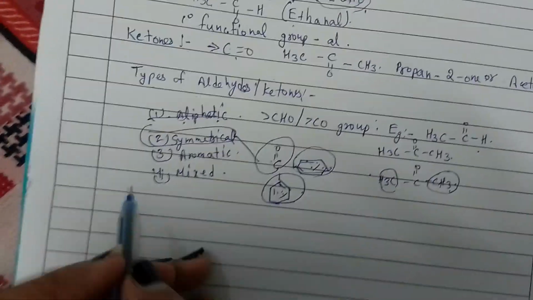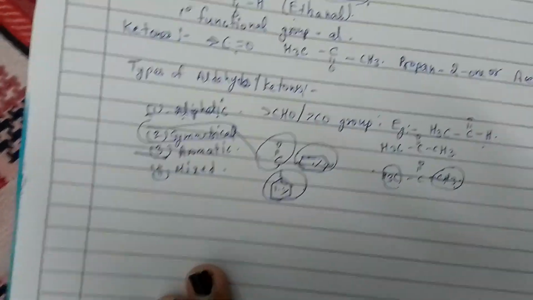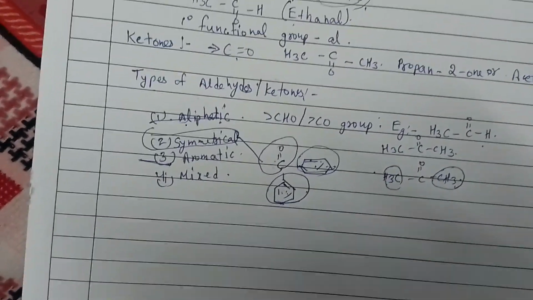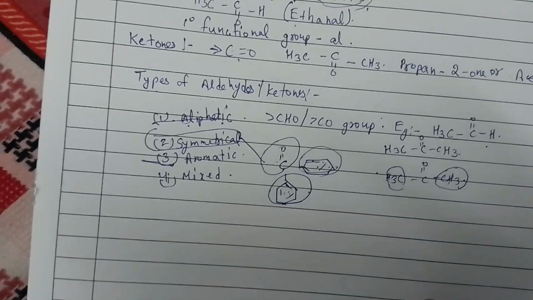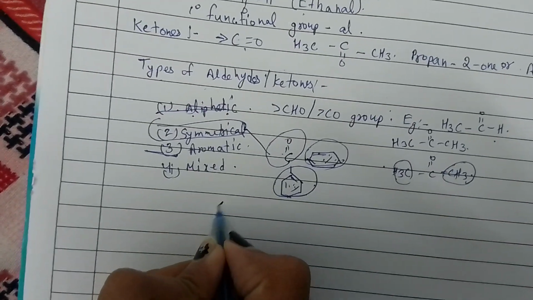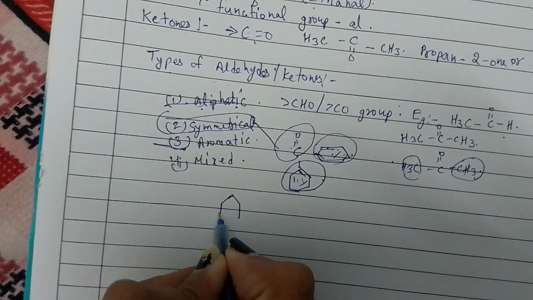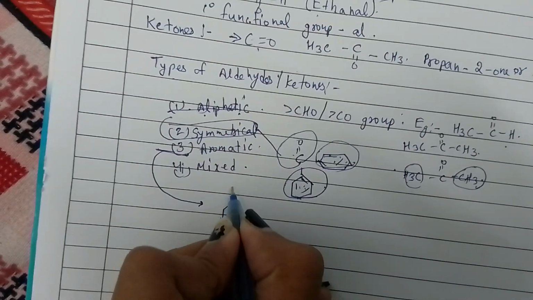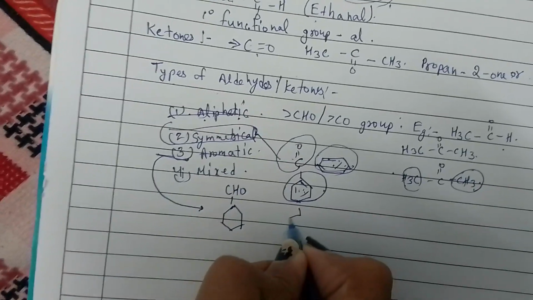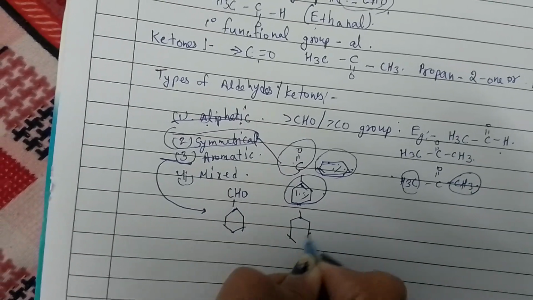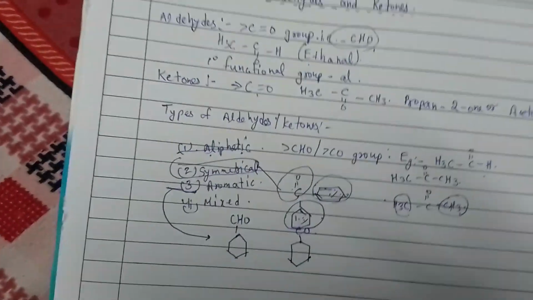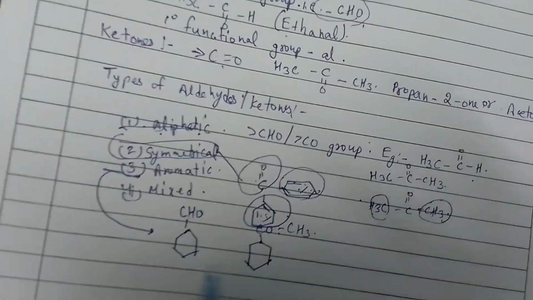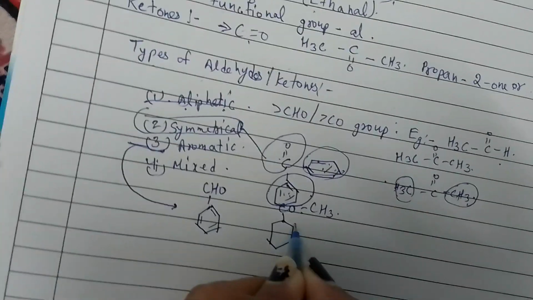Next one is aromatic. Aromatic aldehyde or ketones are the species in which the CHO or COR group is attached to a benzene ring. For example, this is the example of aromatic CHO, and the next one is COCH3.